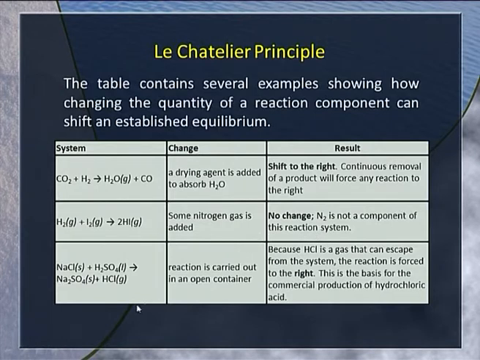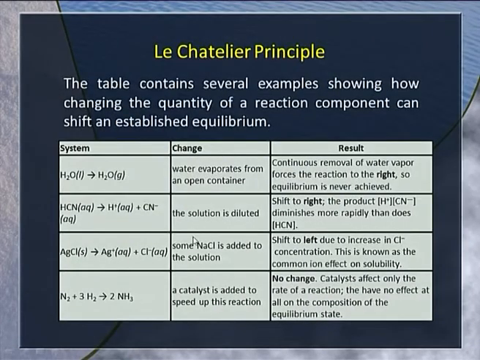If you look at the third example, the reaction is carried out in an open container. As there is a gas involved and the reaction is carried out in an open container, it shifts to the right. There are many such examples which can be quoted where a stress is applied or a parameter has changed and the system has to react to these types of external stimuli.